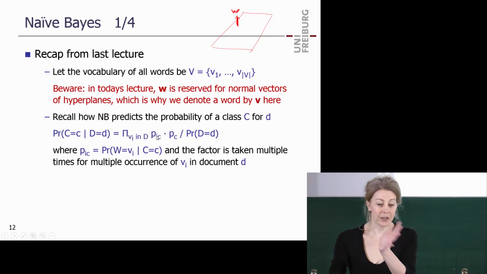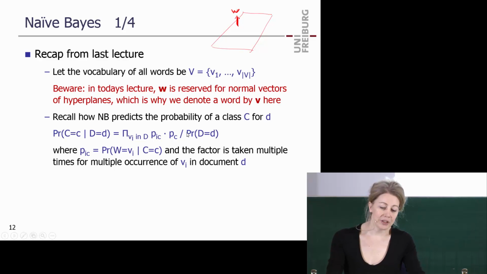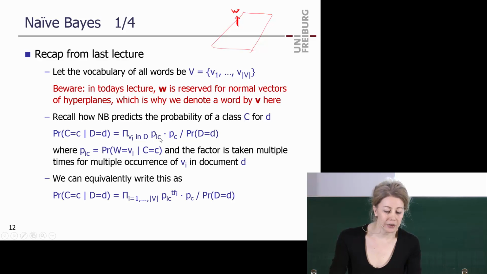That's what you did, either in a boring for loop or with matrix multiplication. Multiply it with the probability for the class, how often it is there, divided by this, which I don't need for relative comparison because it's class independent. And if I have a word like film 3 times, I have this probability of film for this class 3 times, right? Which means I can also write it like this, right?